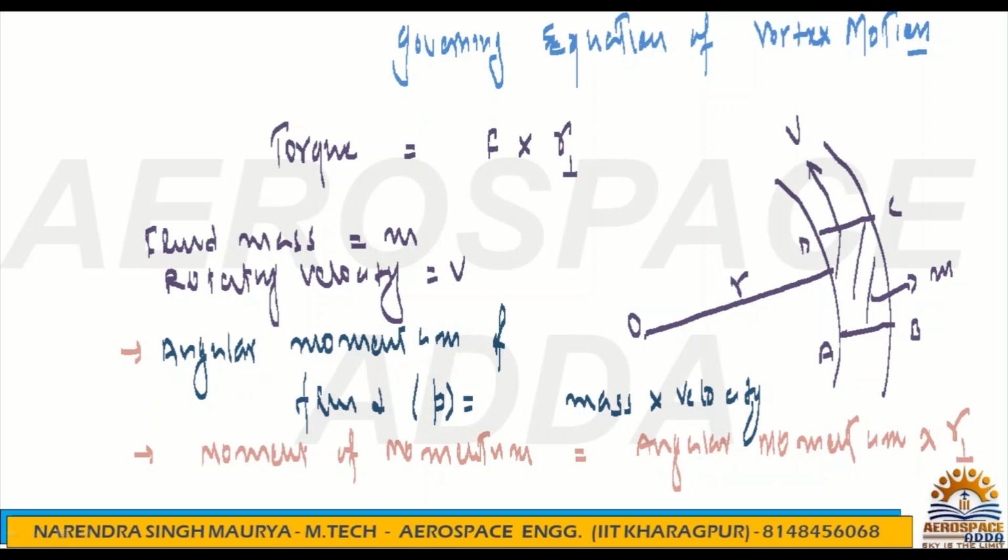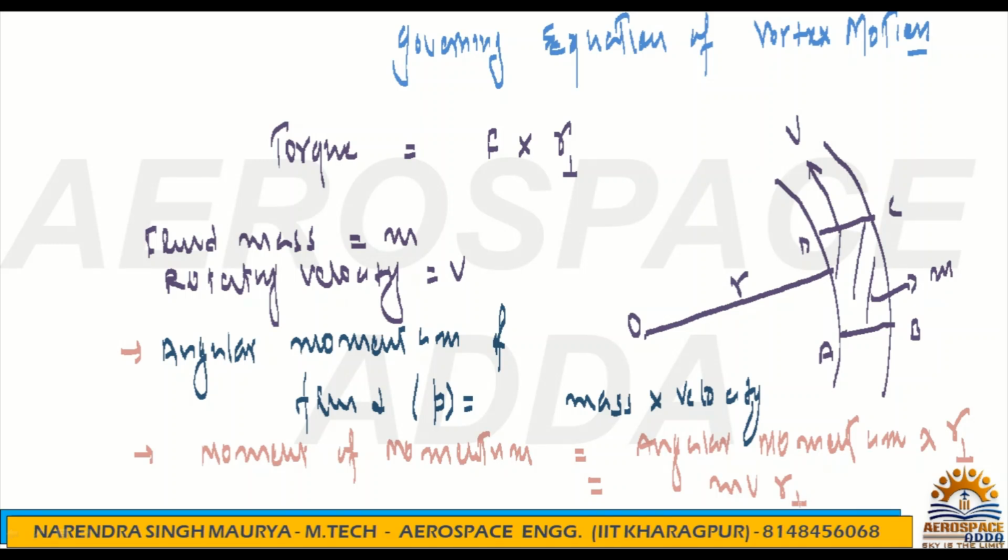If I'm calculating force moment, then force into perpendicular distance will be the moment. If I'm calculating the moment of momentum, then momentum into perpendicular distance. The momentum here is mass into velocity. So actually your moment of momentum is nothing but mass into velocity into perpendicular distance r.